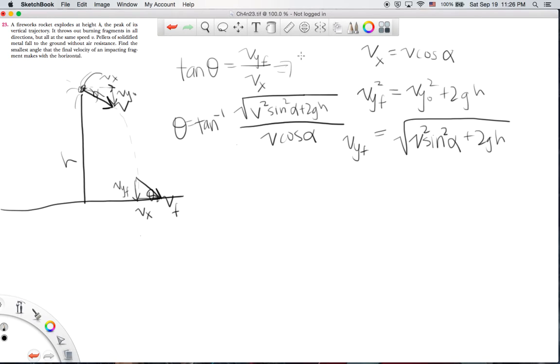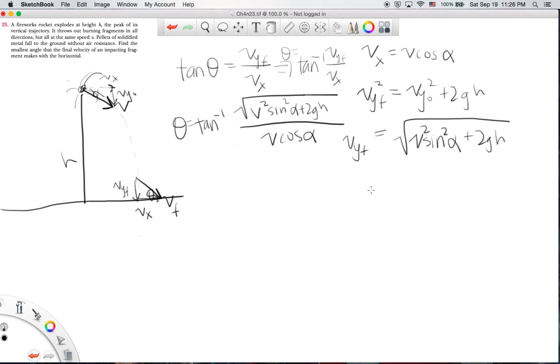Because theta equals inverse tangent of vy final over vx. So the only problem with this is that alpha is not given in the problem, so we can't use it in an expression of theta.